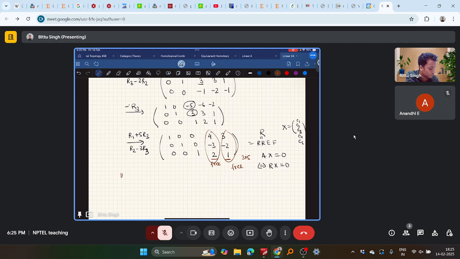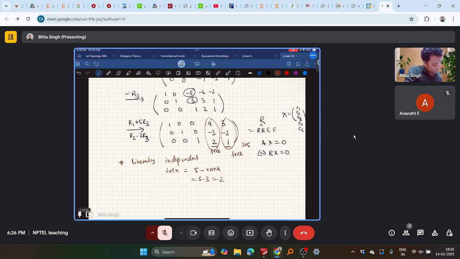So the number of linearly independent solutions is the same as 5 minus rank, and rank is 3, so 5 minus 3, therefore 2. There will be 2 linearly independent solutions.